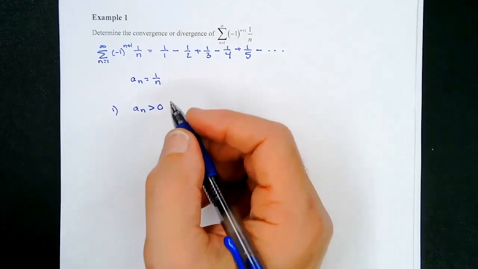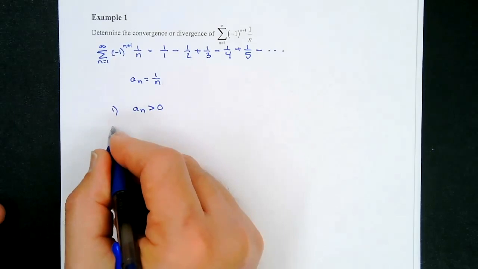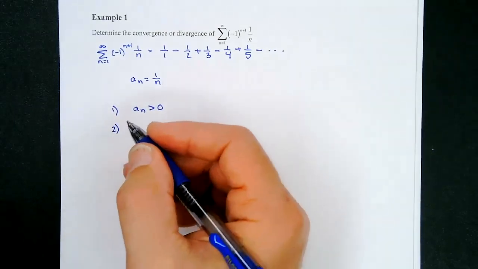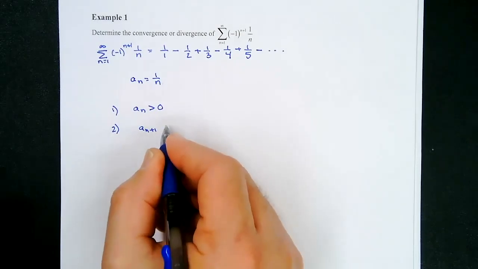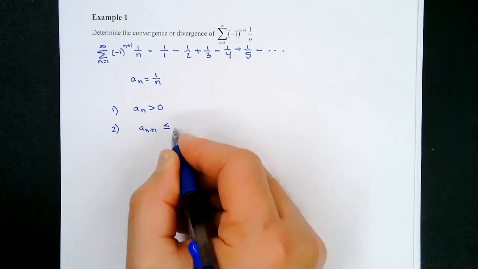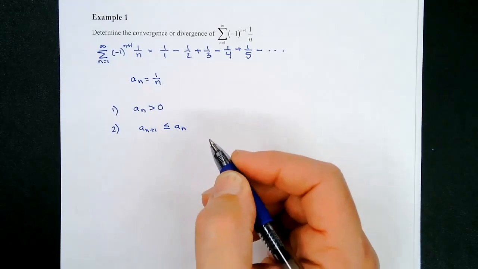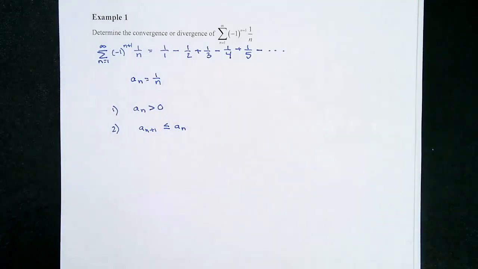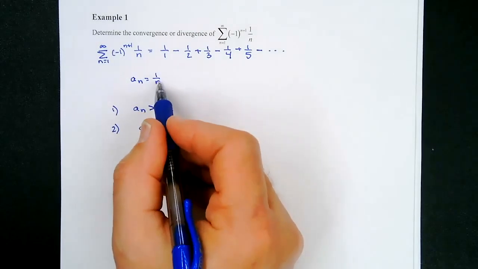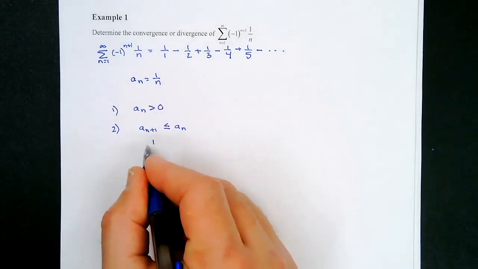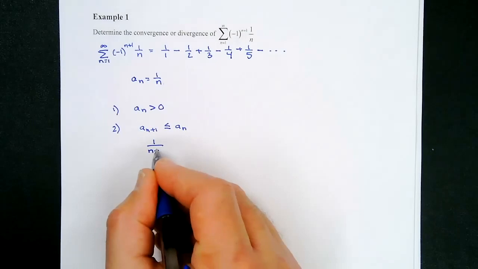Okay. Now, the next thing we got to do is we got to establish that A sub n plus 1, and this is probably the hardest part of this, has to be less than or equal to the previous term. So the next term has to be smaller than the previous term, okay? So what would A sub n plus 1 be? Well, it'd be 1/n plus 1. So sometimes we can just put this in and see what happens, okay?